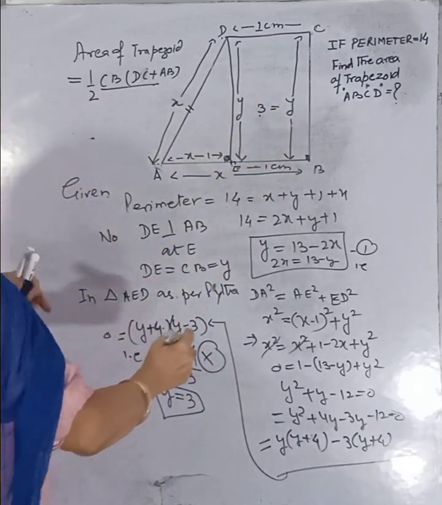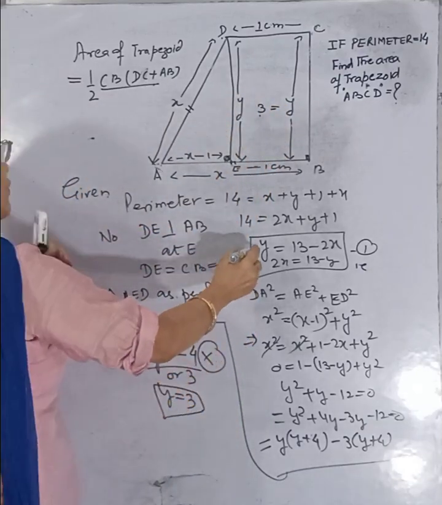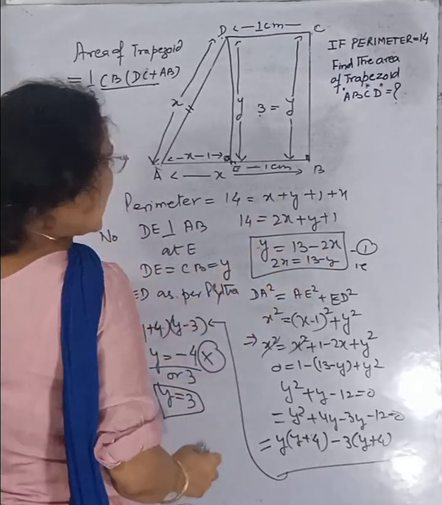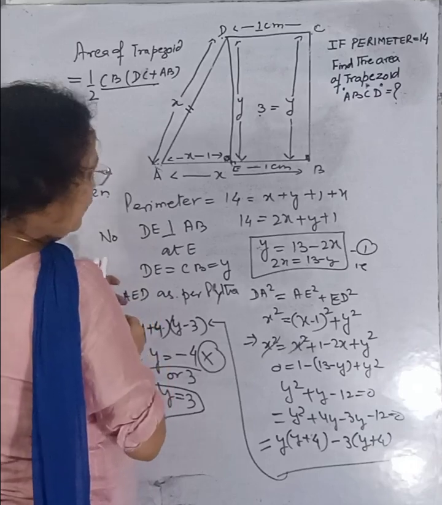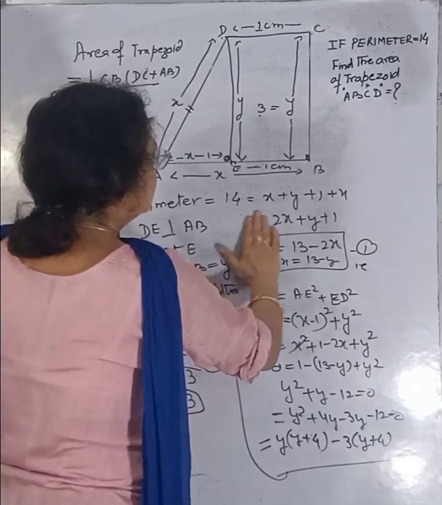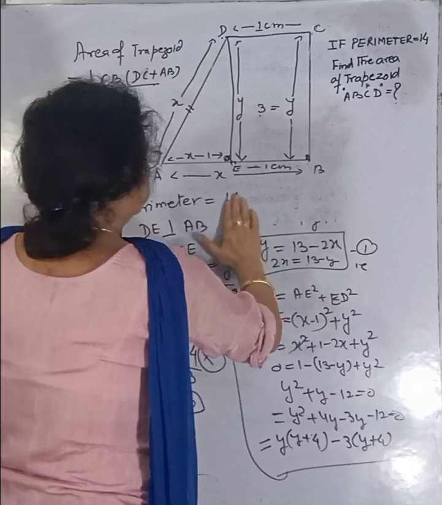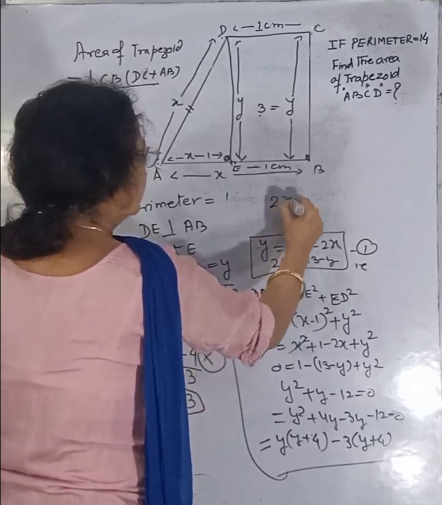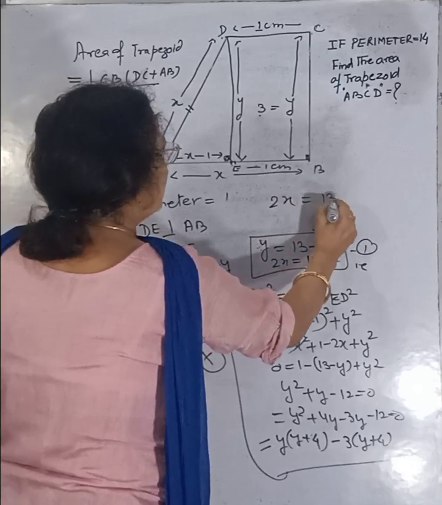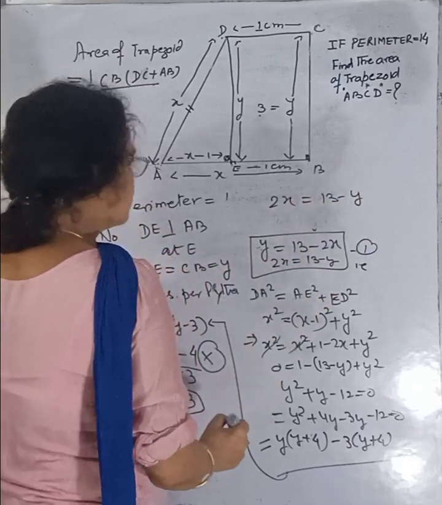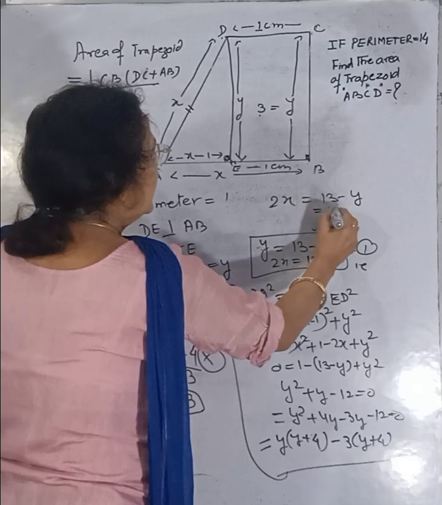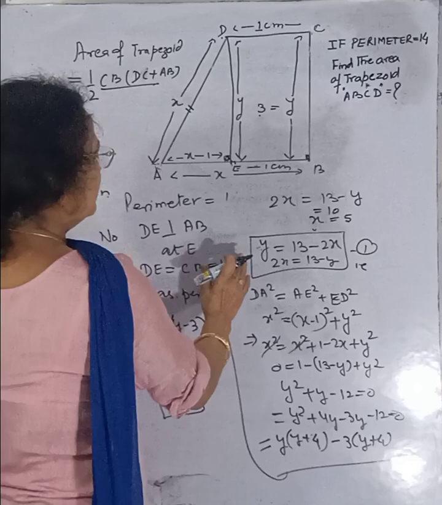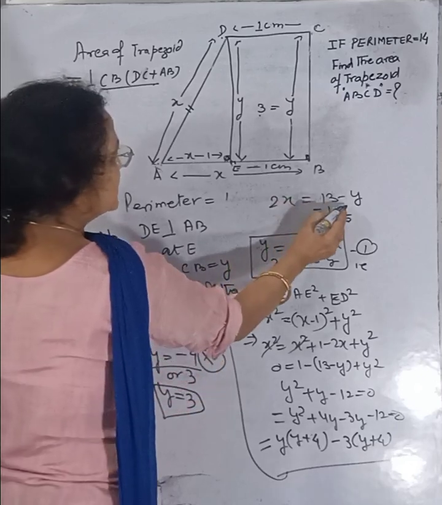Now putting the value y equal to 3, we can obtain the value of x. 2x is equal to 13 minus y, that is 13 minus 3, which is 10. So x will be equal to 5, because 2x is equal to 10.